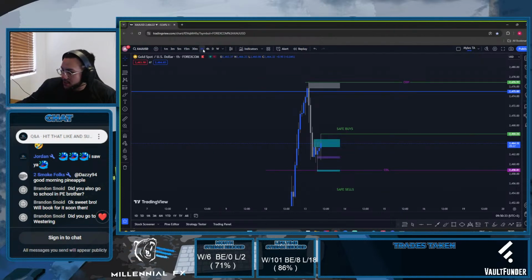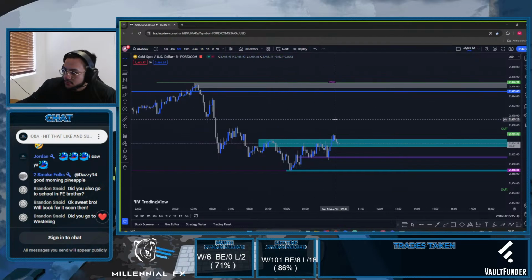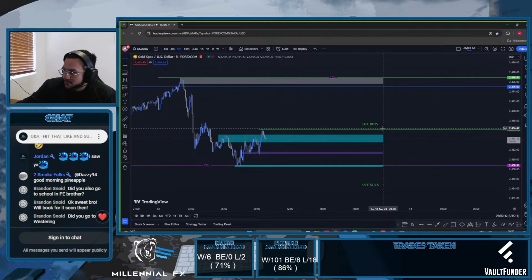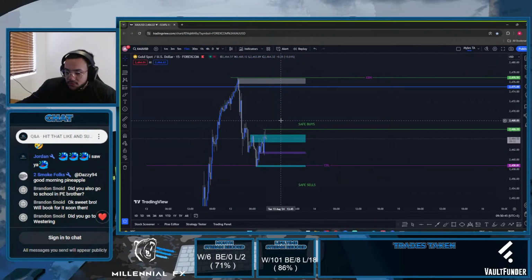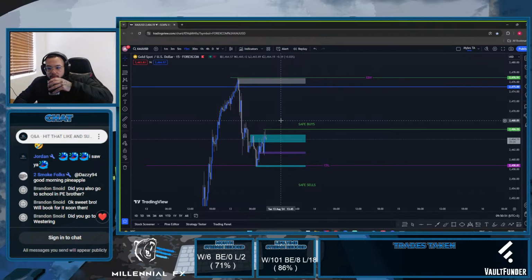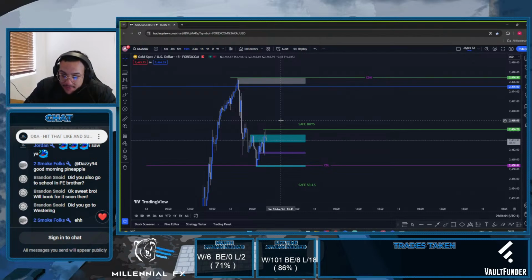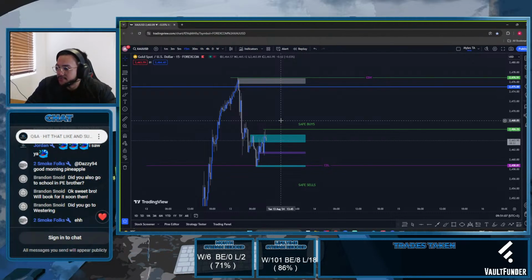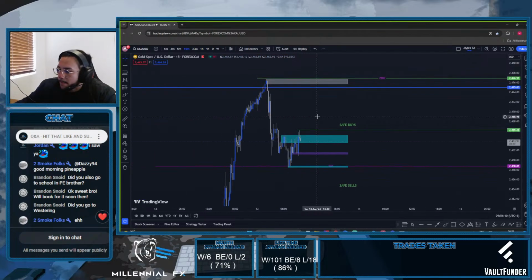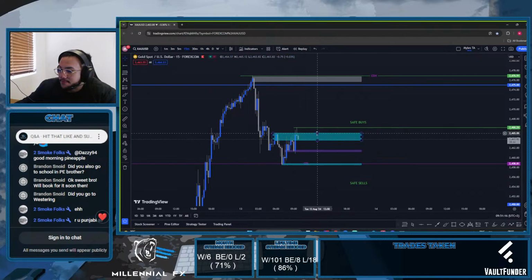Okay, seems like we're just sitting in this liquidity area, boys. I also understand that if we do reject this area, this is just going to be that higher low.